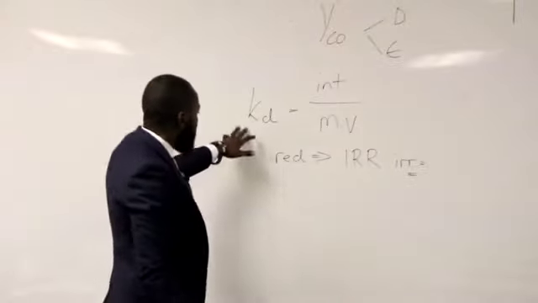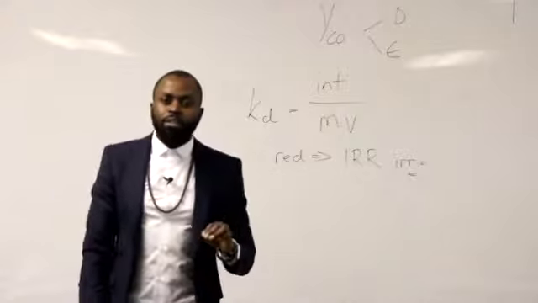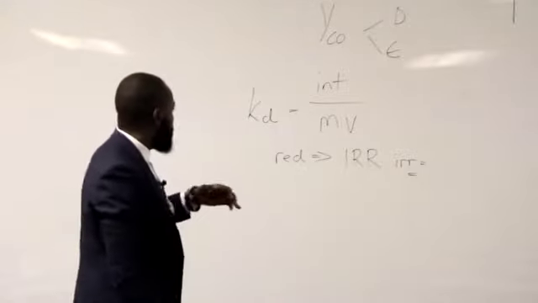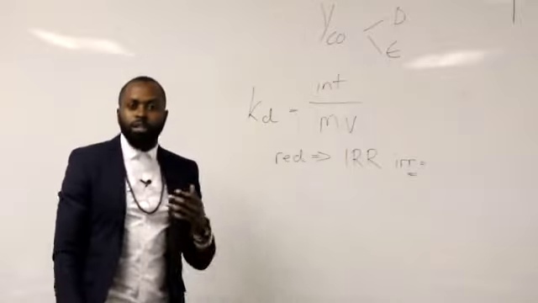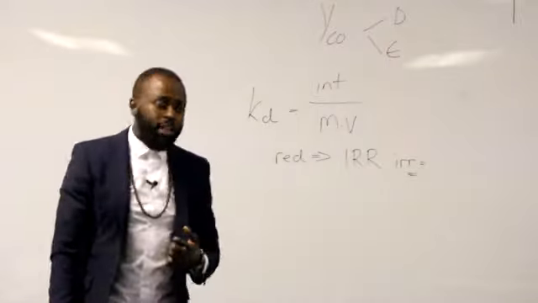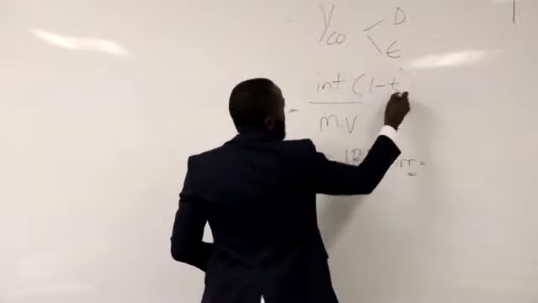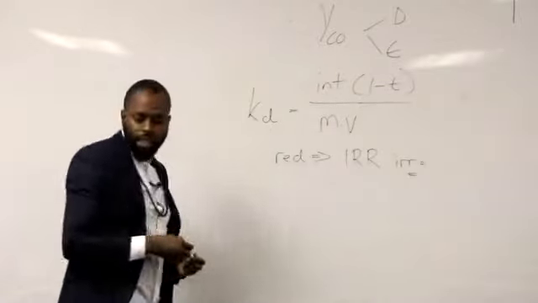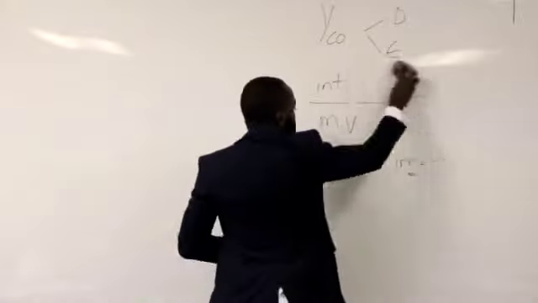Here the cost of debt, assuming it's irredeemable debt, we're also assuming that interest is going to be paid in perpetuity. We take the interest divided by market value. And depending on whether you want it post-tax or pre-tax: if you want it post-tax, then we have to multiply by 1 minus the tax rate. But here, let's first calculate it pre-tax.